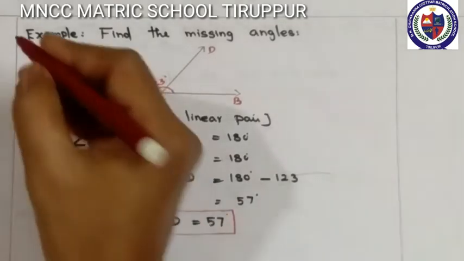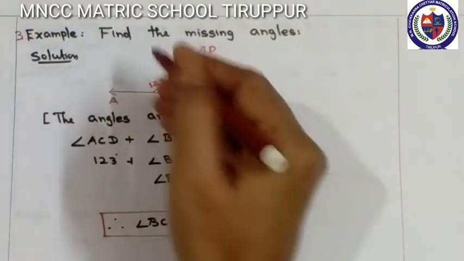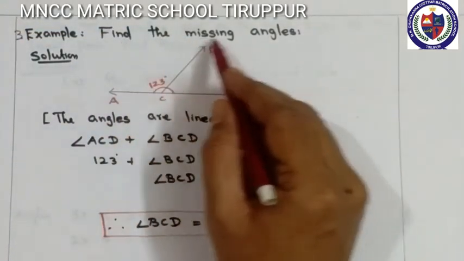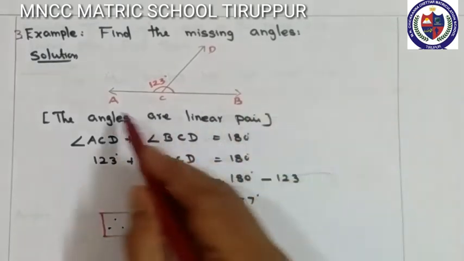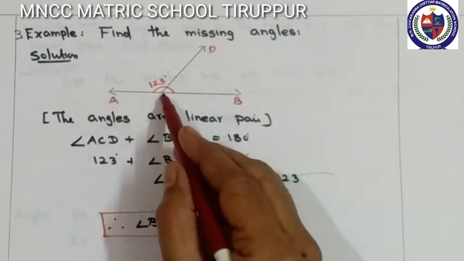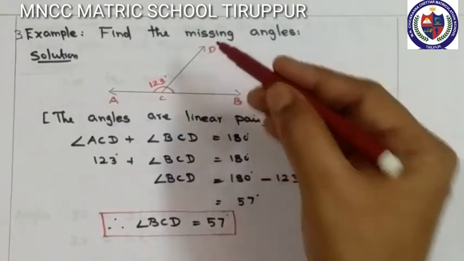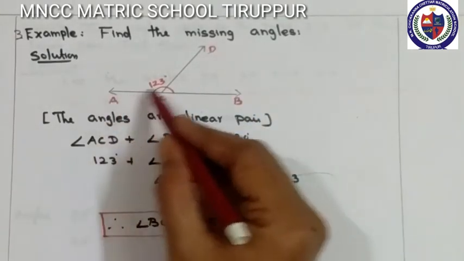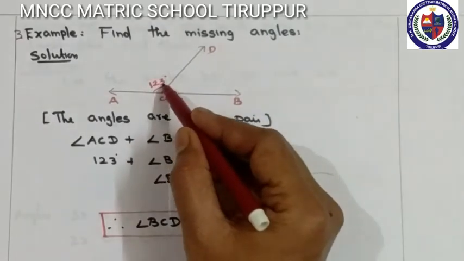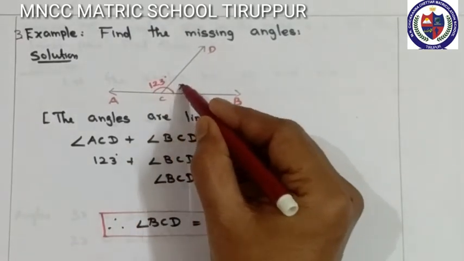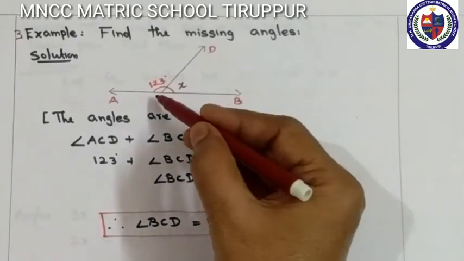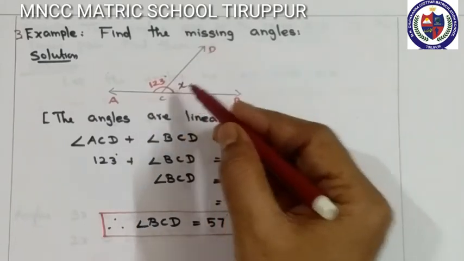Example 3: find the missing angle. Listen here. ACB is a straight line, CD is an arm. One angle ACD is 123 degree, given. Find BCD, that is x.